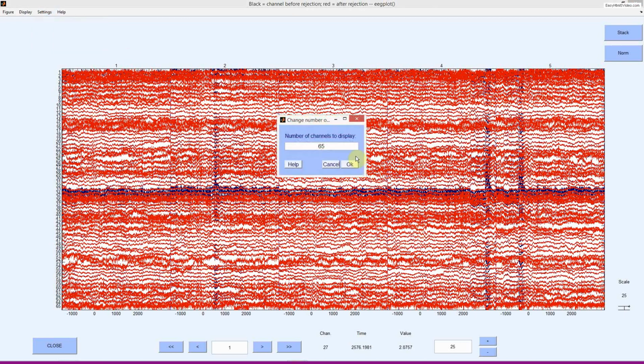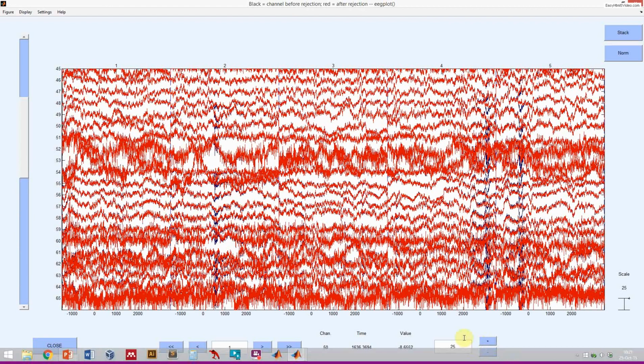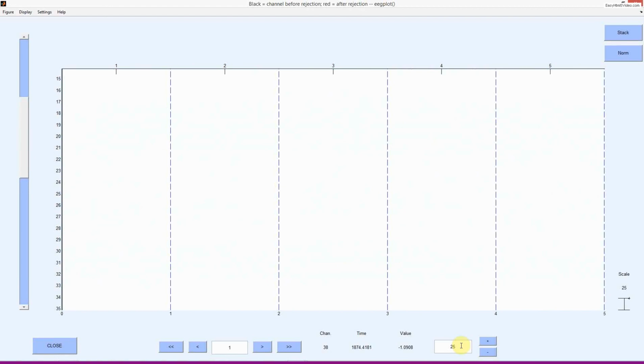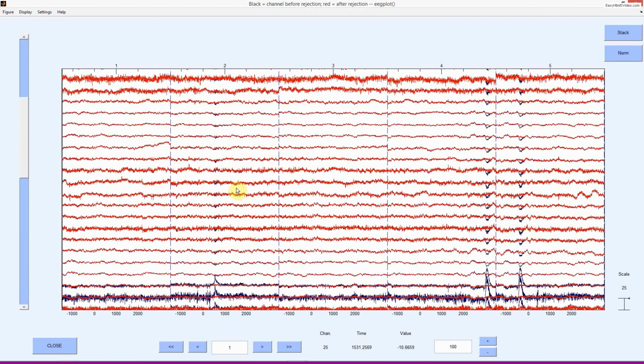So let's see, we'll plot some fewer channels just so we can look at it a bit more. Let's see, like this, and I guess you have to have a pretty good video card to have this stuff run quickly. So here, this is super clear that we've removed a lot of the eyeblink artifact.